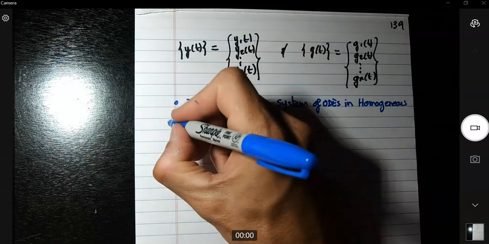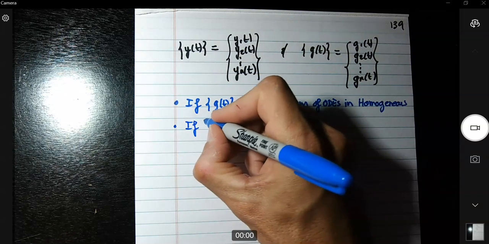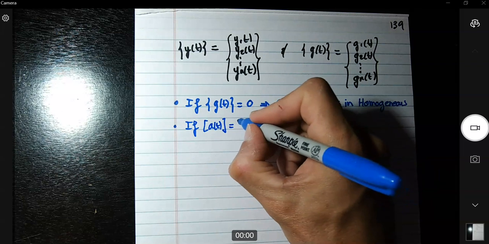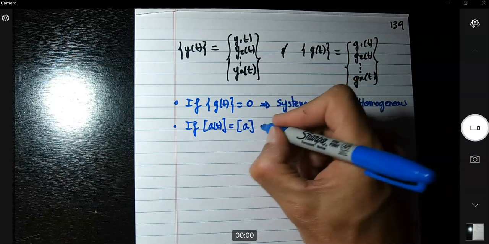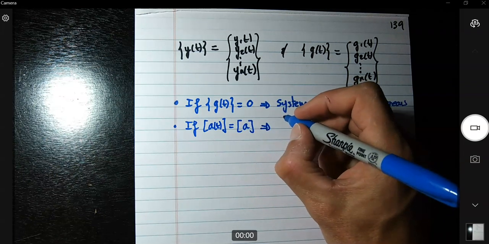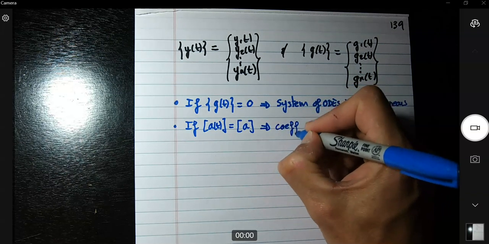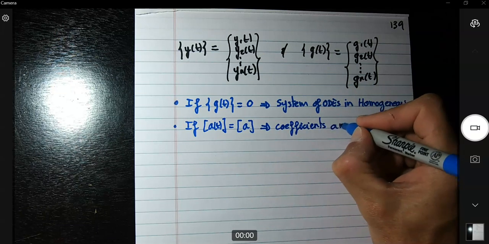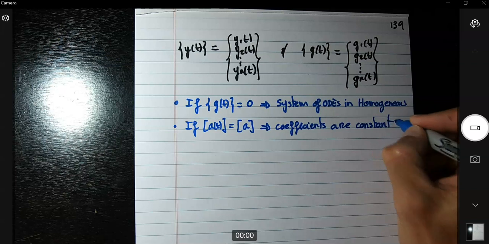Then if the coefficients are constant, this means that the coefficients are constant and are not functions of time.